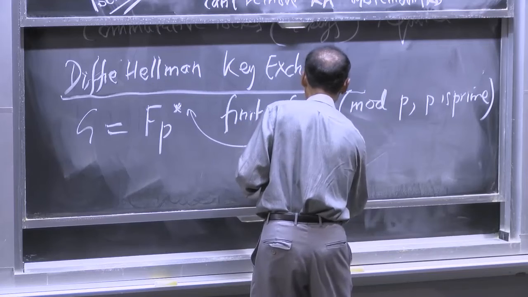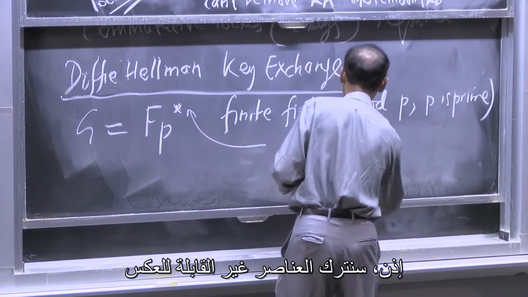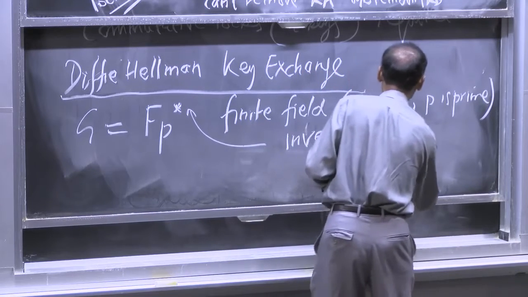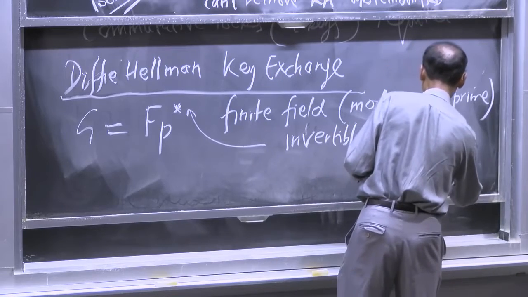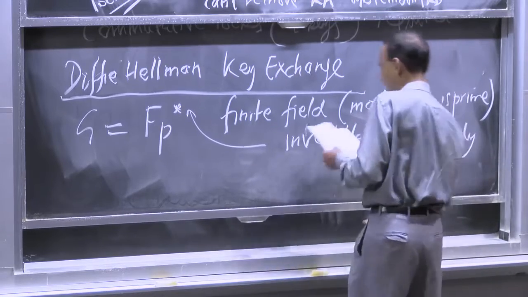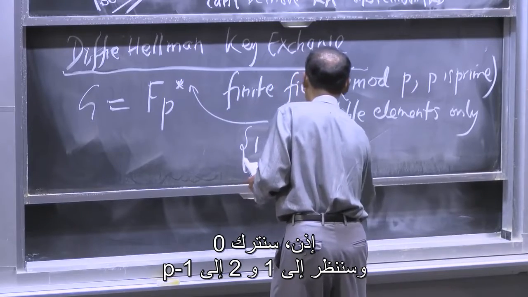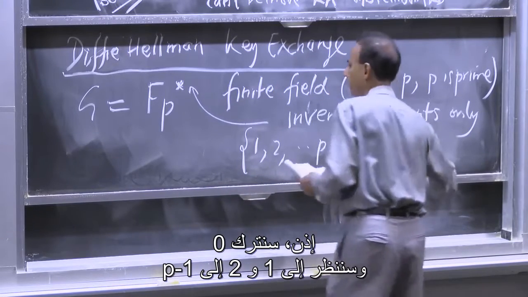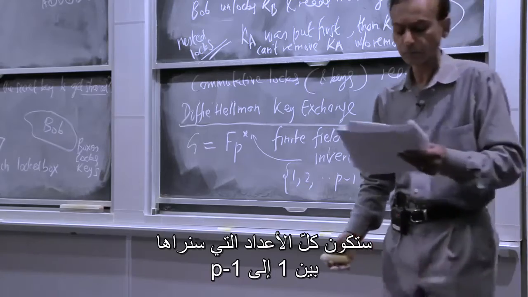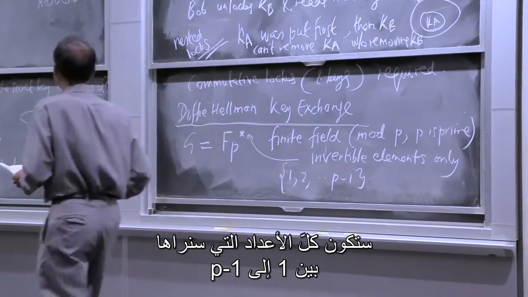So we drop the non-invertible elements. These things aren't particularly important. So we'll drop 0, and we'll be looking at 1, 2 to p minus 1. So all the numbers that you see are going to be 1 through p minus 1.